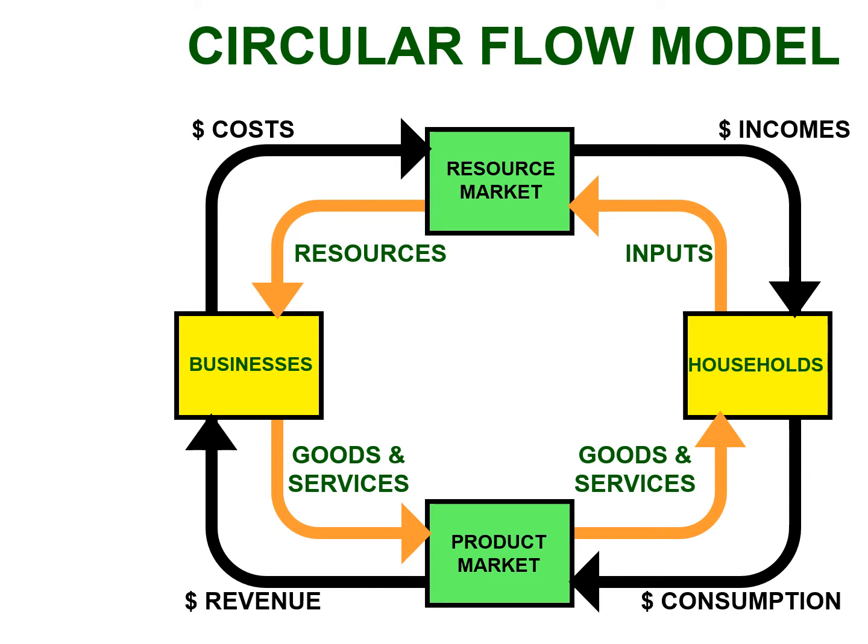So households, individuals who make expenditures in the product market, signal to businesses the number of resources necessary to produce the products and services that maximize households' utility, happiness, and satisfaction. That's what we mean by derived demand.